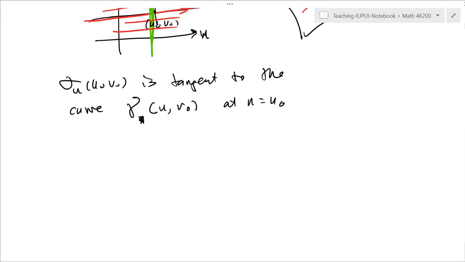So let's describe the surface patch: u minus v, u plus v, u squared plus v squared.